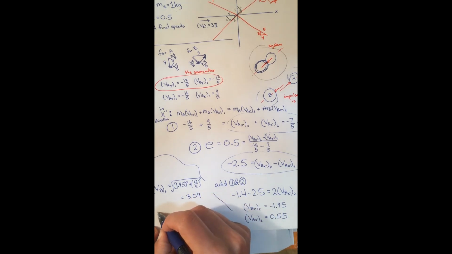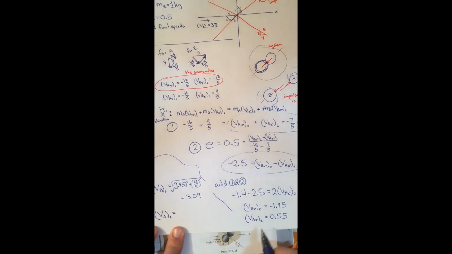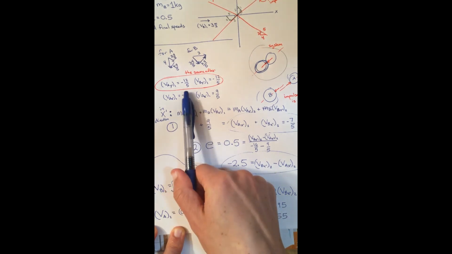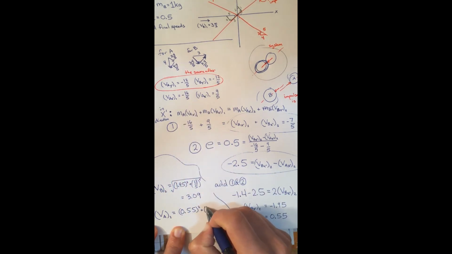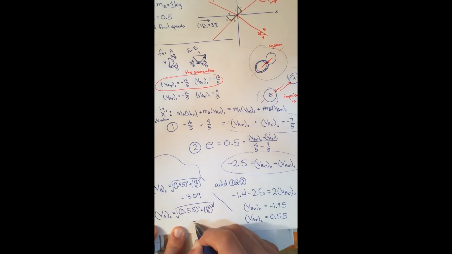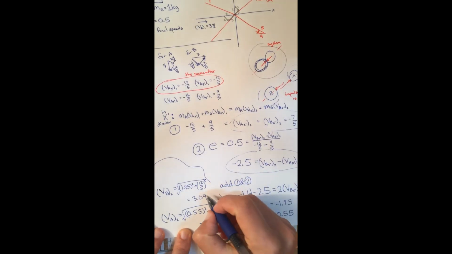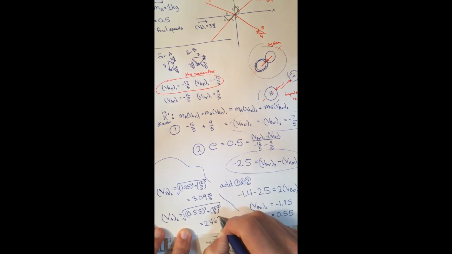And for puck A, I have 0.55 squared plus negative 12 over 5 squared, and this is equal to 2.46. And the units that we have here are meters per second. So there we have the final speeds.